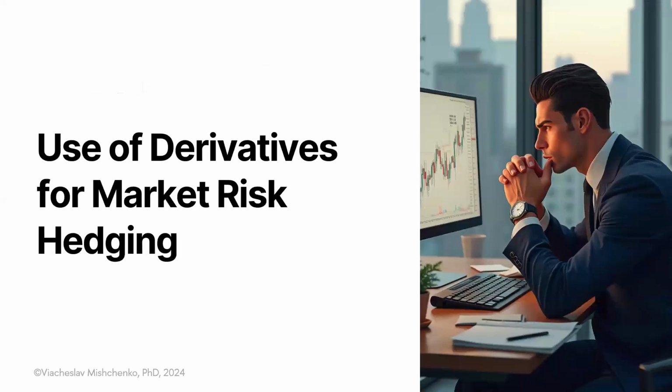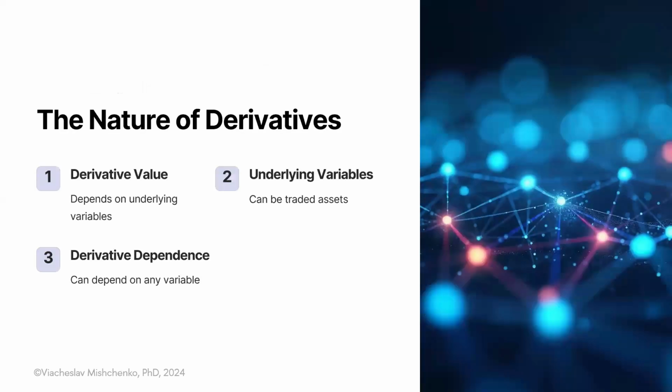So let's consider the use of derivatives for the purpose of market risk hedging or market risk management. As we begin our discussion on derivatives, let us start with the fundamental definition. First of all, a derivative is a financial instrument whose value is derived from the value of other underlying variables.